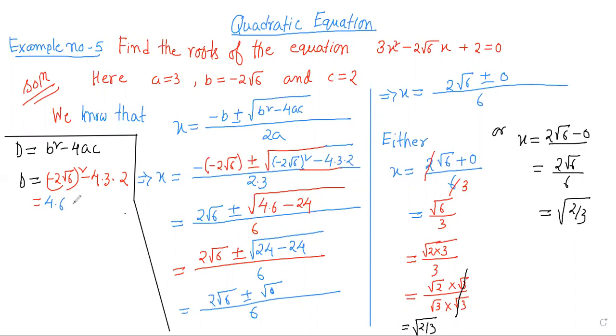So 4 into 6, here 4 into 3 into 2, that means 24. 24 minus 24 is 0, right? So the discriminant is 0, that means the roots of the quadratic equation will be equal. This is what you have learned in the chapter of quadratic equation.